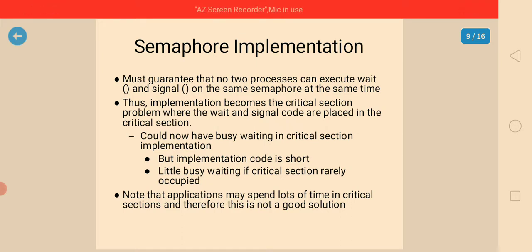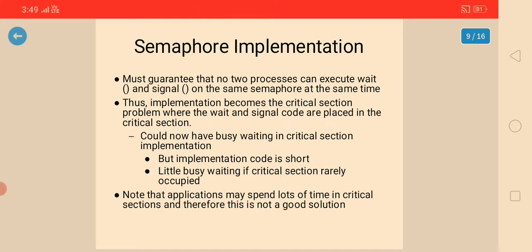The implementation must guarantee that no two processes can execute wait and signal on the same semaphore at the same time. Means we cannot access these two operations at the same time.